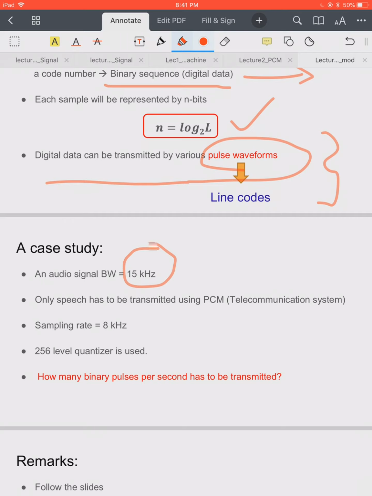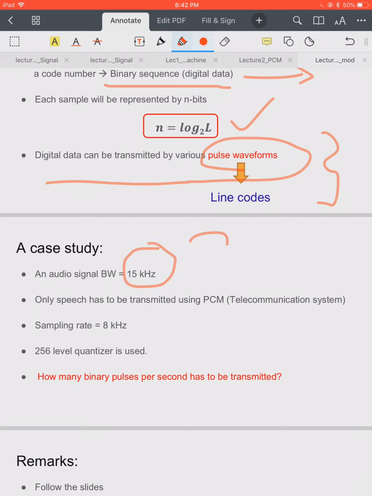So this audio signal will first go through a low pass filter, because we know subjectively that the speech signal intelligibility is not affected if all the components above 3400 Hz are suppressed.